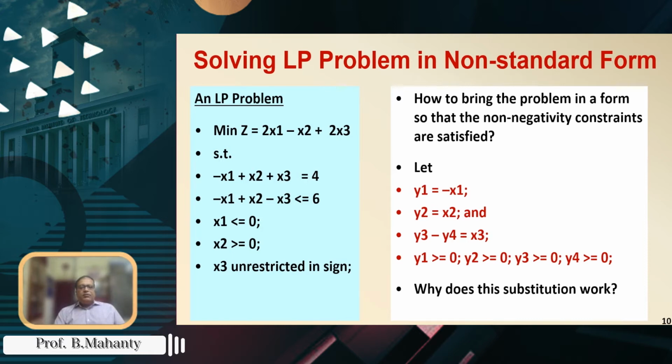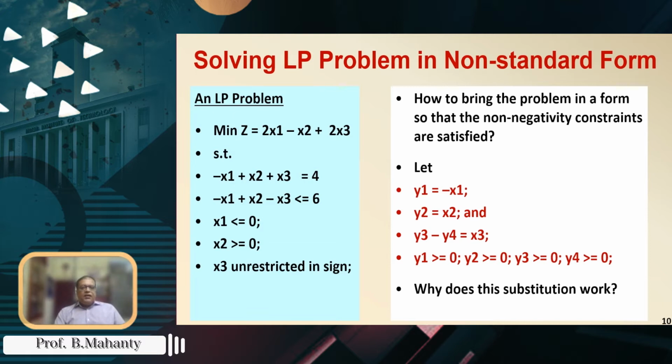All right, so all the substitutions are done, and after the substitution, the LP problem will take a different form. What is that form? Let us understand this. So it should be minus 2y1. Second part, x2 remains the same, so minus y2. So minus 2y1 minus y2 and plus 2y3 minus 2y4.